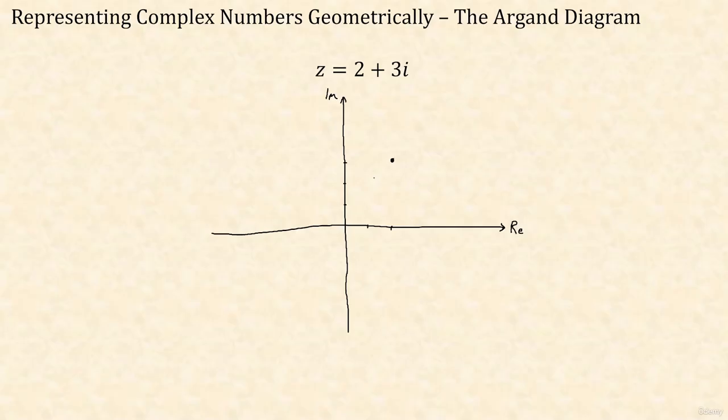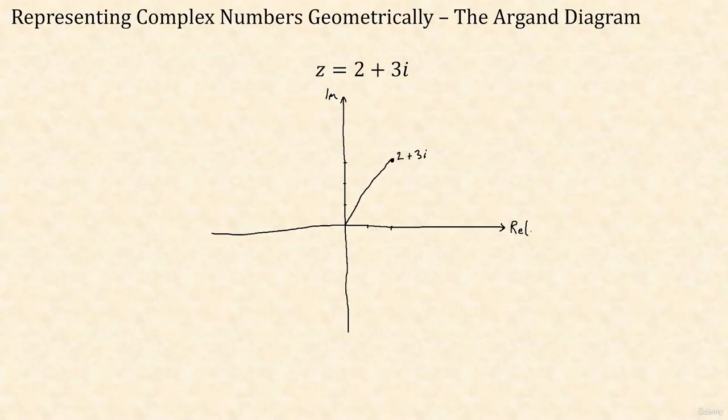Now, complex numbers represented on the Argand diagram are sometimes represented as points, and they're sometimes represented as vectors, so just a line going to that point. So this point here is just 2 plus 3i, and you can think about it as having the coordinates 2, 3, where 2 is the real part of the number and 3 is the imaginary part.